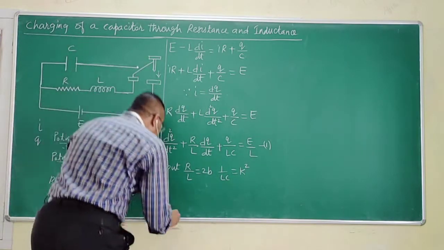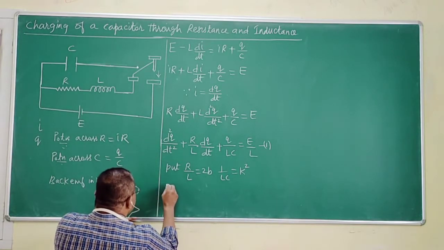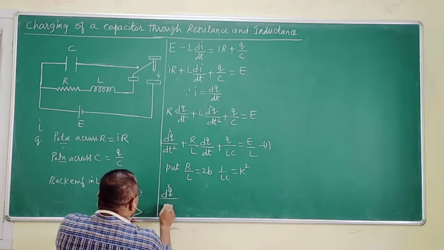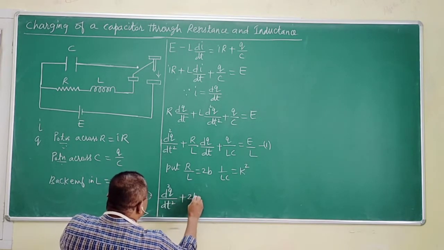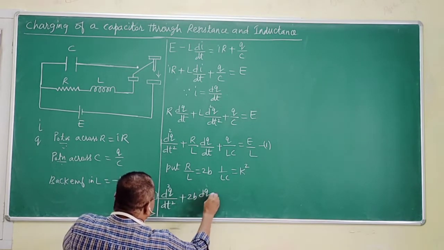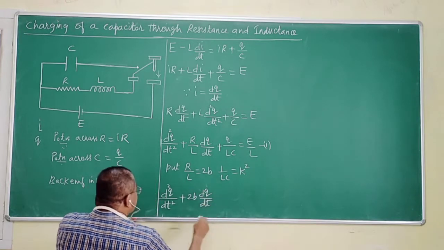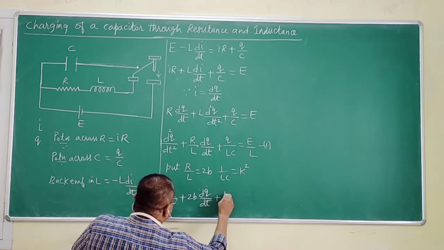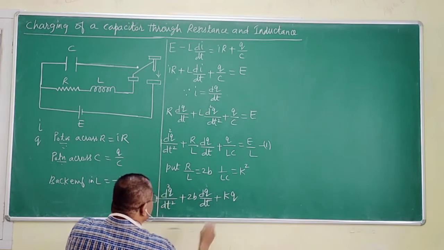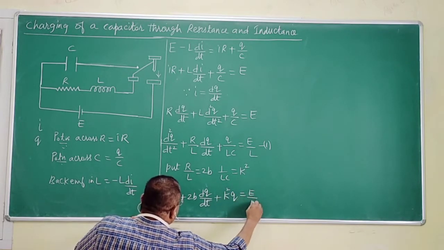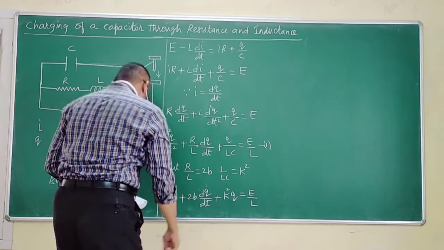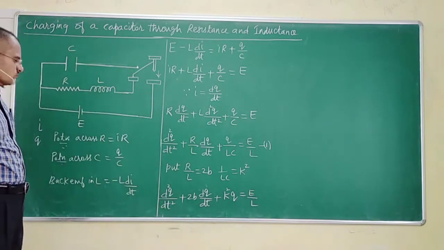So if you put that, this expression becomes d squared q by dt squared plus 2b dq by dt plus k squared q is equal to E by L. Am I right, sir?